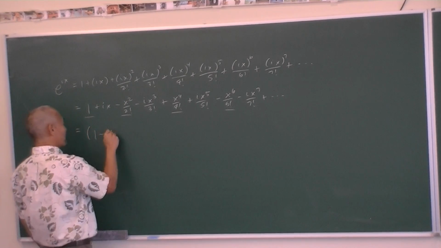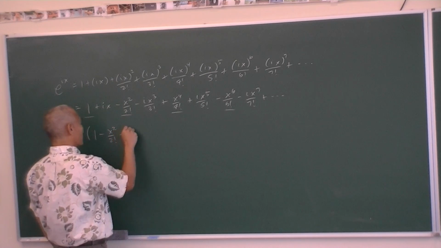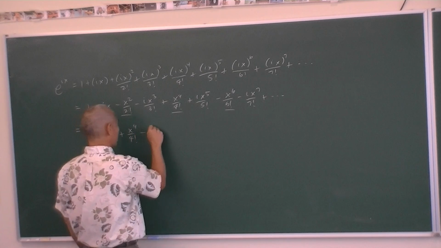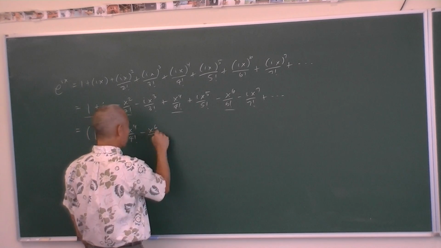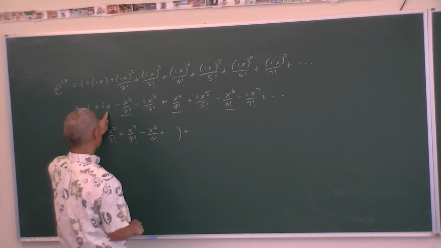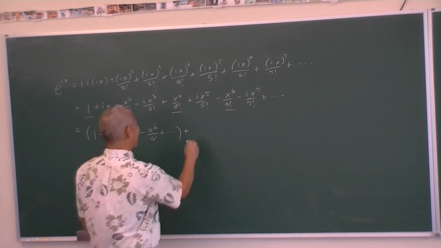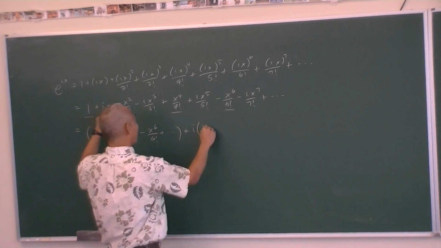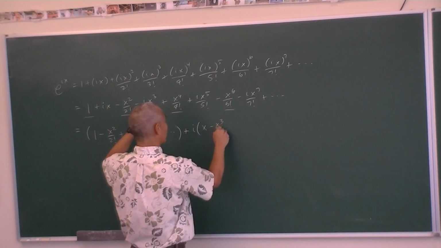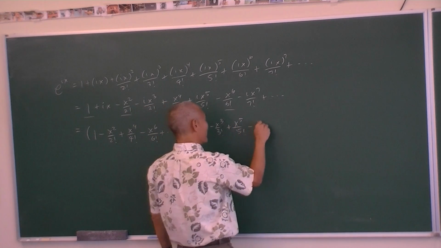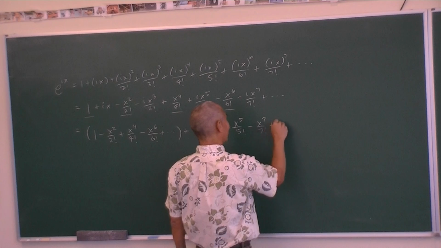1 minus x squared over 2 factorial plus x to the 4 over 4 factorial minus x to the 6 over 6 factorial. And then look at all the imaginary parts, the ones with the i. If I factor out the i, what's left? x minus x cubed over 3 factorial plus x to the 5 over 5 factorial minus x to the 7 over 7 factorial.